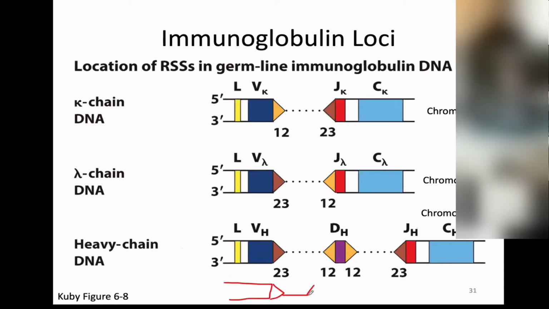We have one that came from your mom, and we have one that came from your dad. So in reality, it looks like this. There are 2 copies of chromosome 14. One from mom, one from dad. We have just done VDJ recombination on one of them. So let's imagine that this one, actually no.